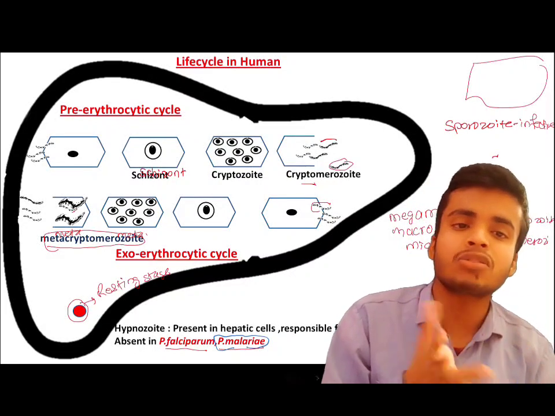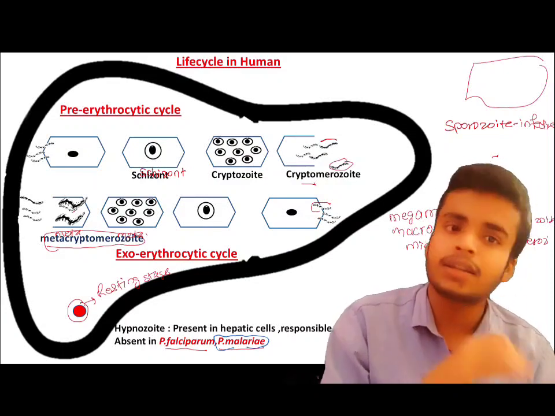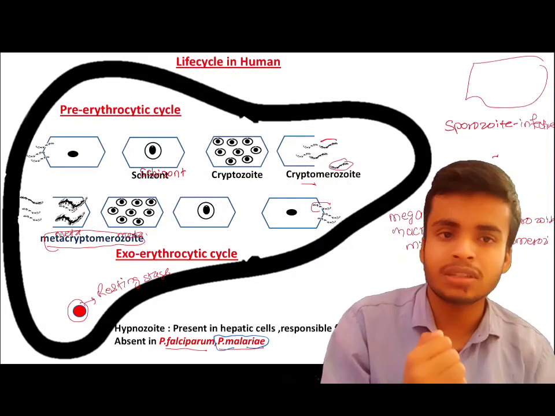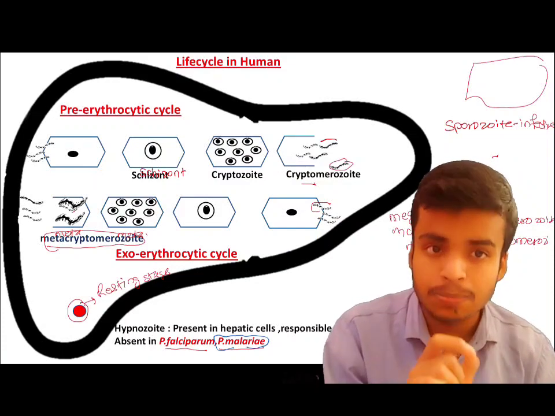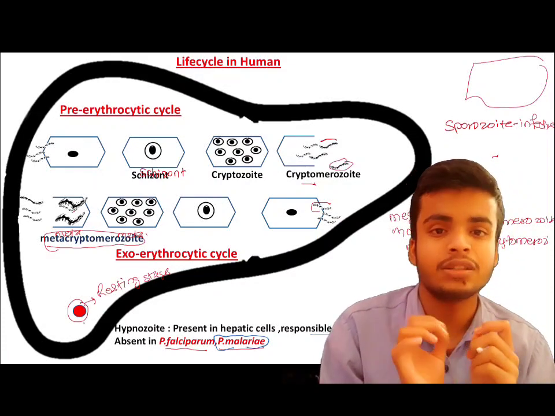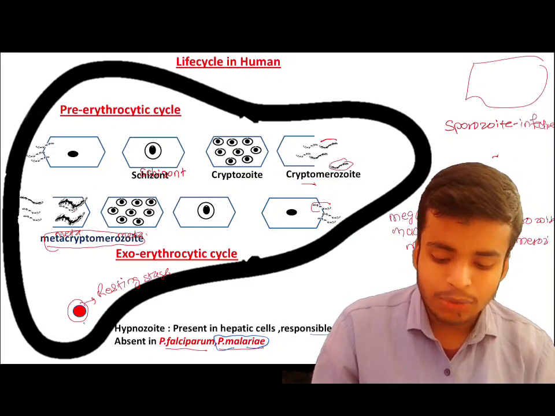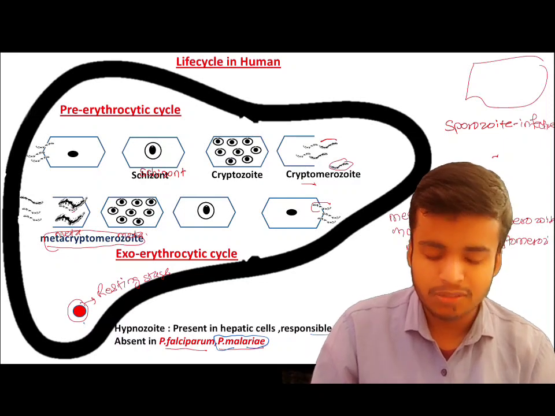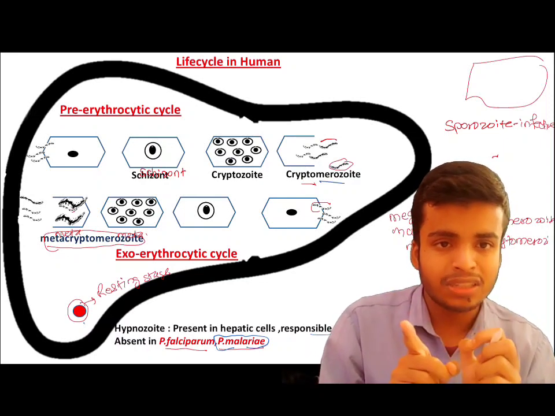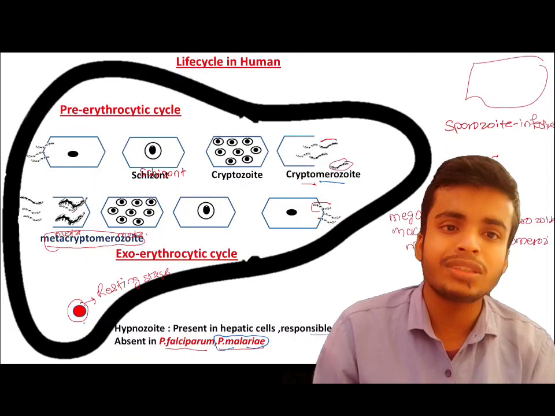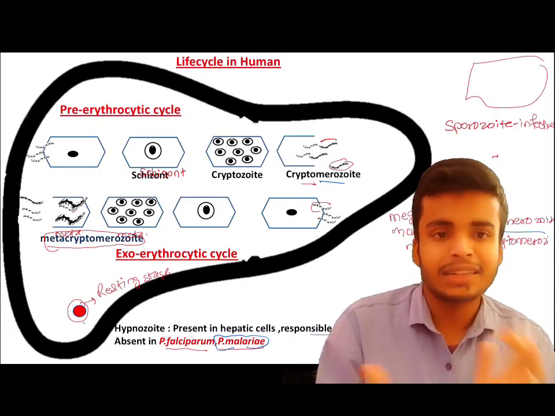We will see later about something called recrudescence. What is that, and how is it similar to relapse? That occurs in case of Plasmodium falciparum and Plasmodium malariae. We'll see that later, don't worry. So for now, hypnozoite is the resting form responsible for relapse. The pre-erythrocytic cycle starts from sporozoite and ends with cryptomerozoite and the exoerythrocytic cycle.